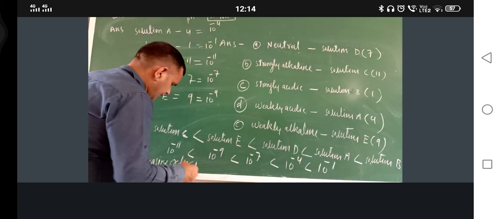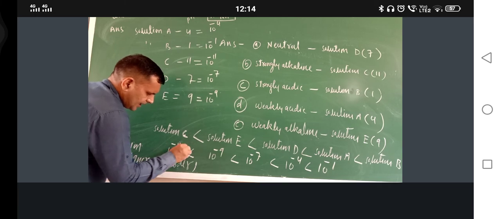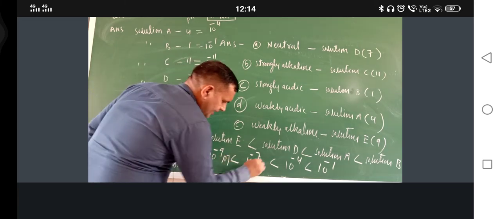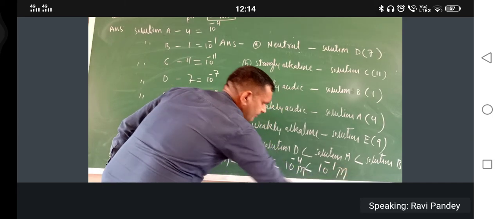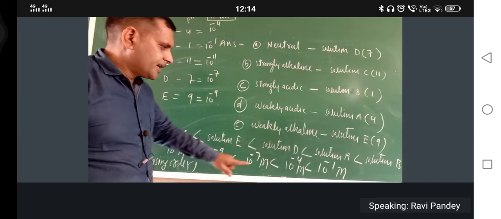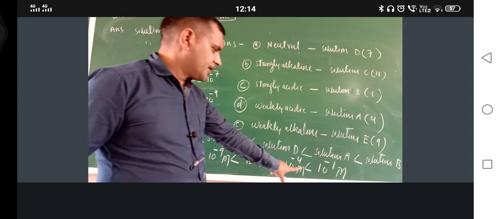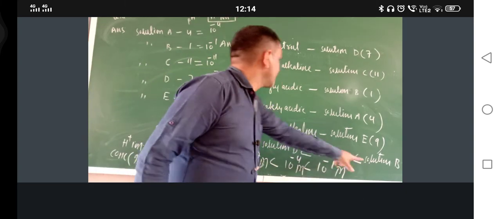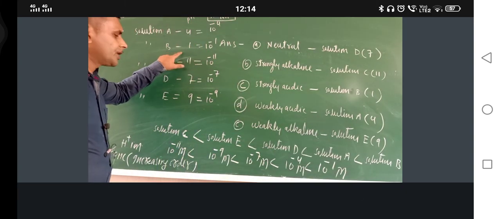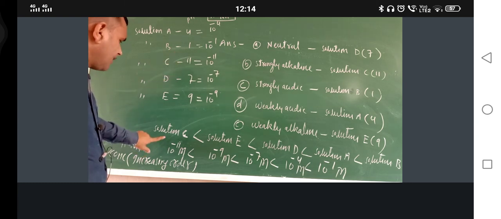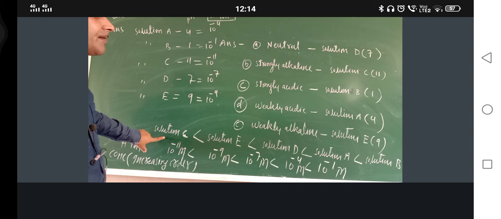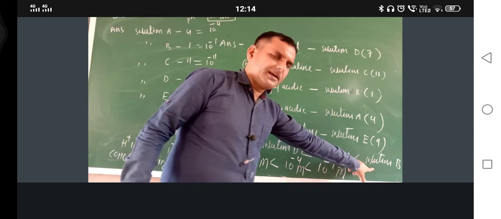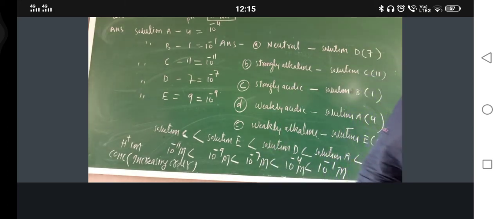Please do one thing. Everywhere write capital M, molar concentration M. Here also M, here also M. The highest hydrogen ion concentration is found in solution B and the lowest is found in solution C. It means solution C will be strongly alkaline and solution B will be strongly acidic.